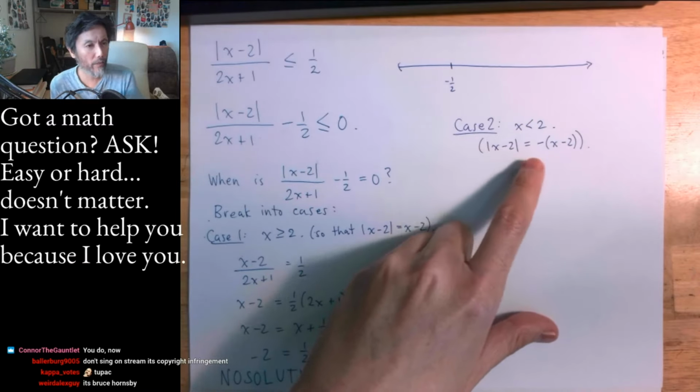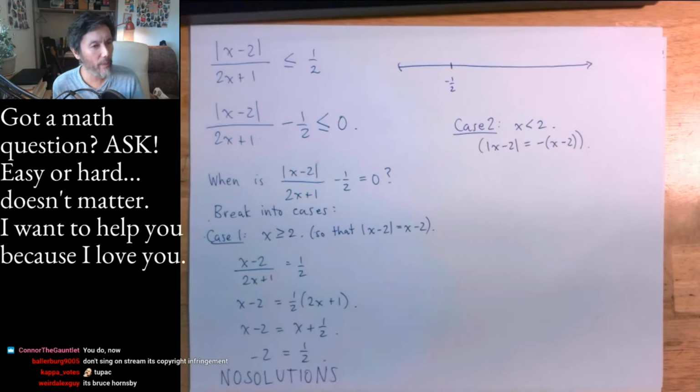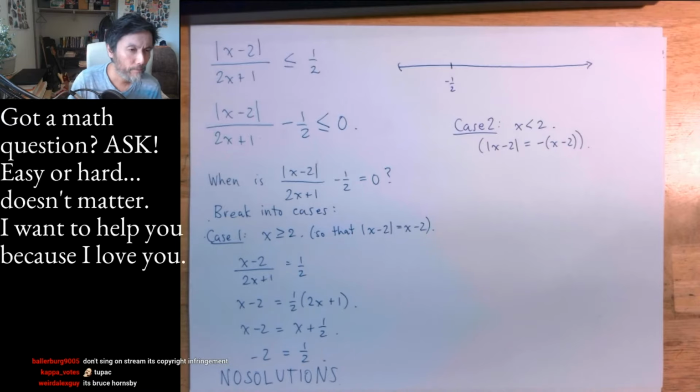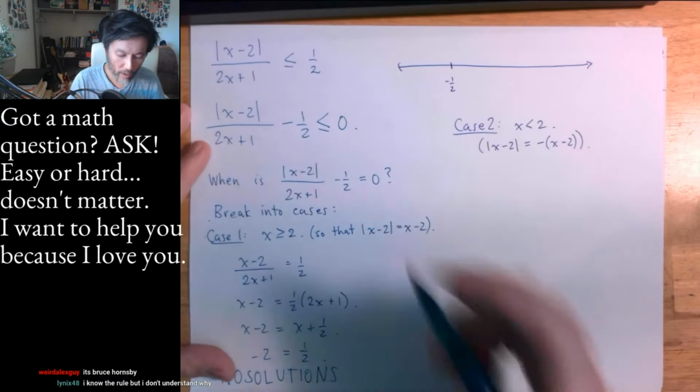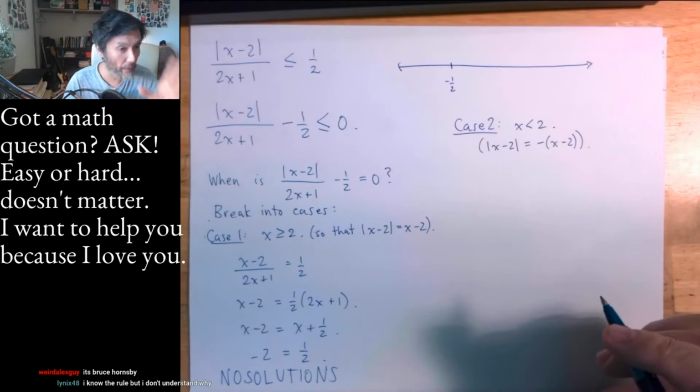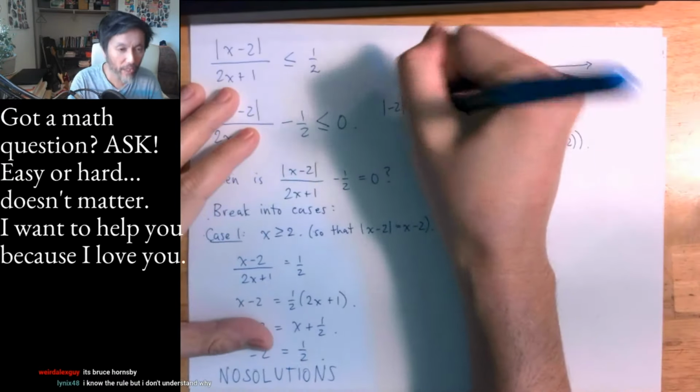So the absolute value of x minus 2 is negative x minus 2. Do you like it, Linux? You don't understand why. Okay, good. So just real quick, just in thinking about it, what's the absolute value of negative 2?